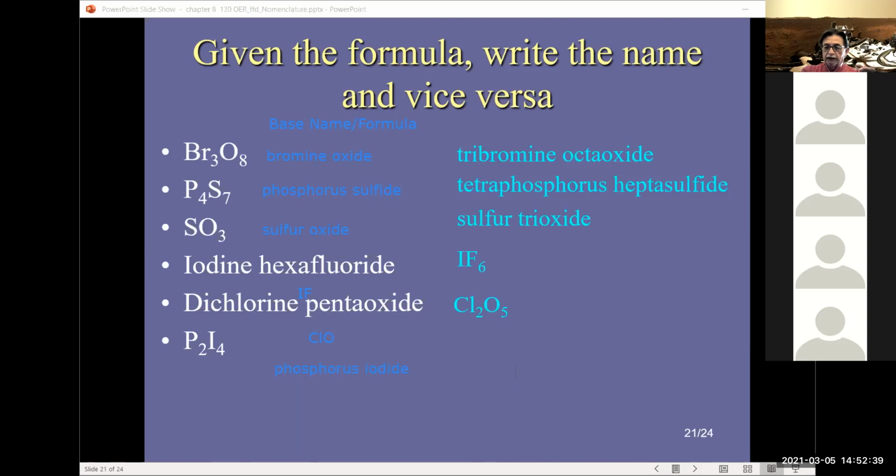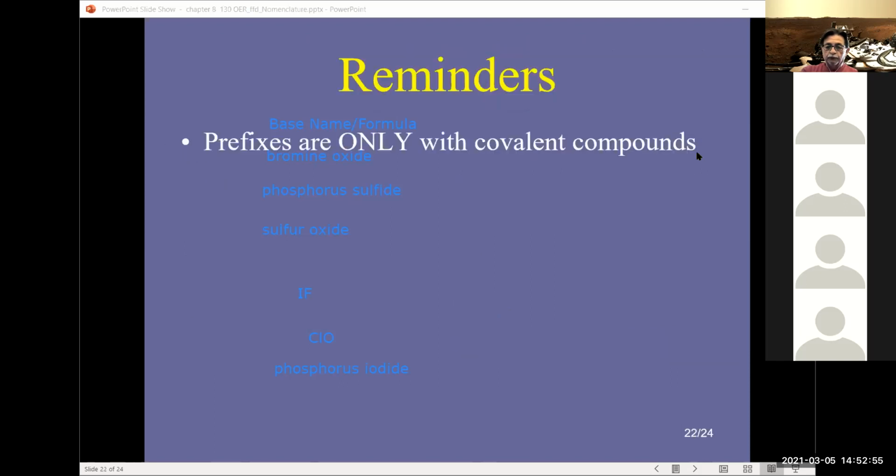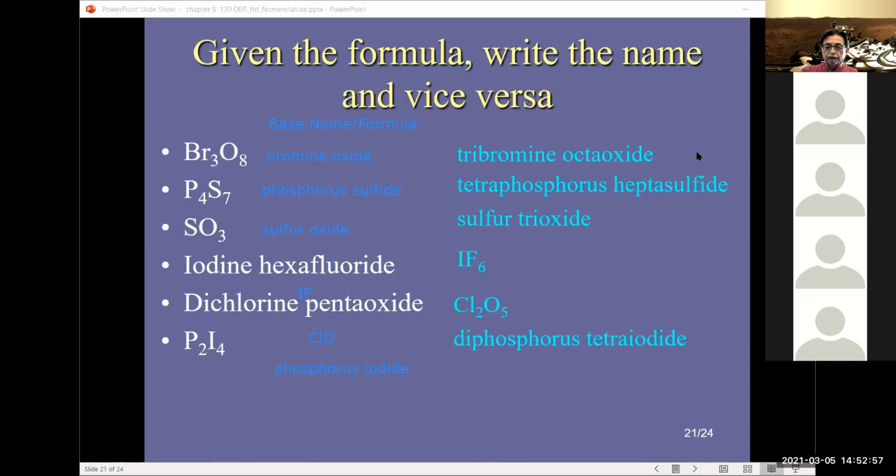Okay, then go back and insert the prefixes, and we have 2 phosphorus, and there are 4 iodides. Okay, all right, so there you go.